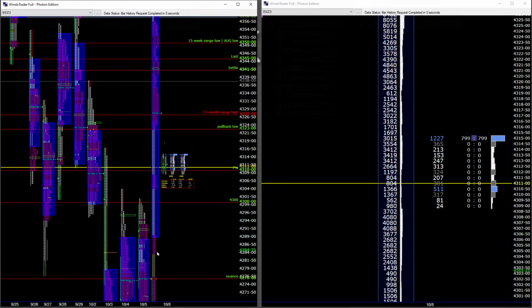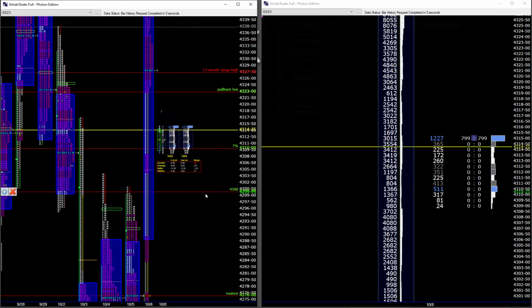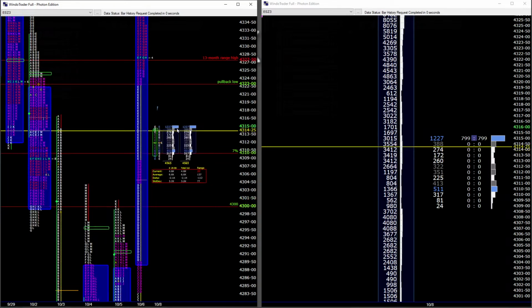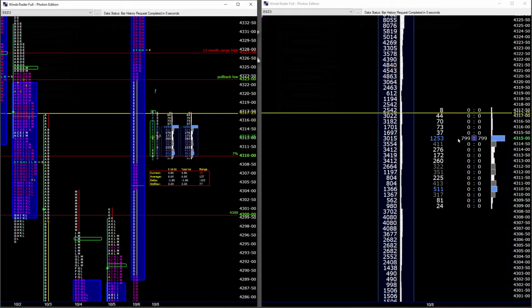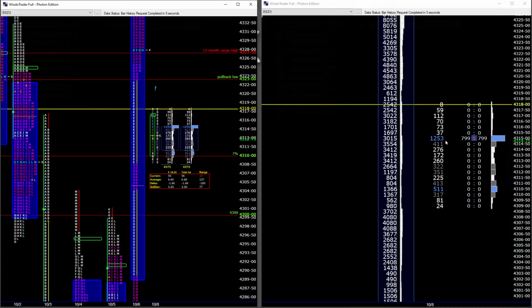Very thin market. The 4300 is close by. From these 1200 contracts, one trade was made with 800. Somebody tried to stop the market there, and they are just being overrun right now.